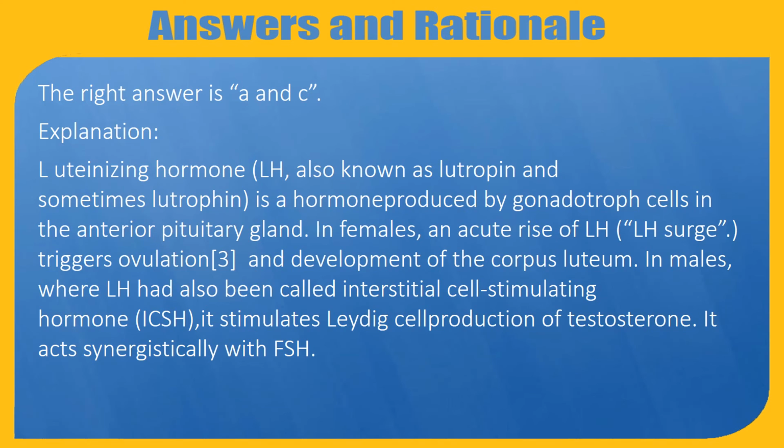In females, an acute rise of LH, the LH surge, triggers ovulation and development of the corpus luteum. In males, where LH has also been called interstitial cell stimulating hormone, ICSH, it stimulates Leydig cell production of testosterone. It acts synergistically with FSH.